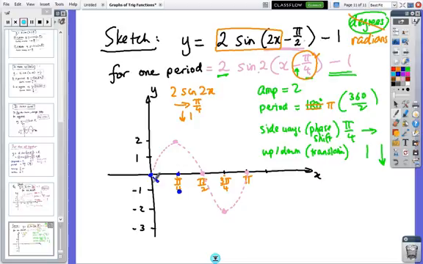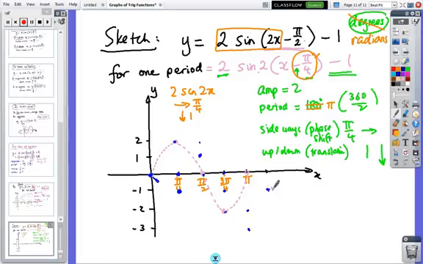So this point here is going to go forward pi on 4 to pi on 2, and then down to there. This point here is going to go forward and down. That point there is going to go forward and down. And that point is going to go forward and down.